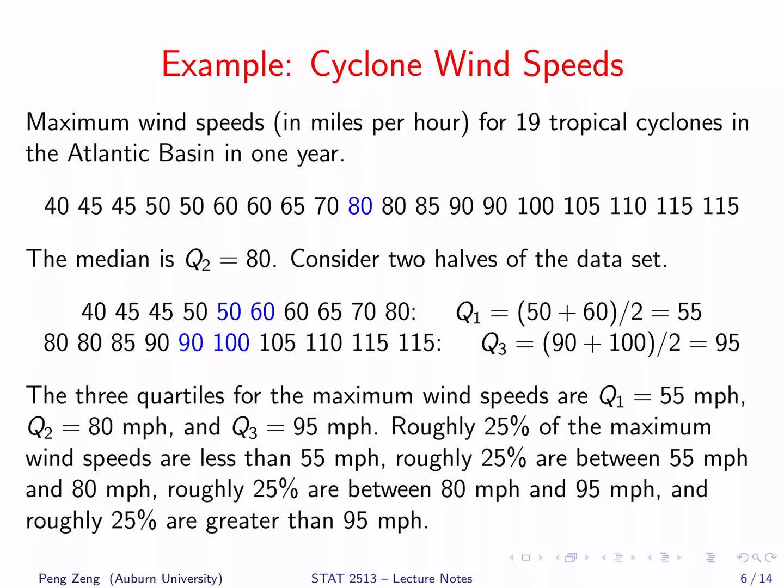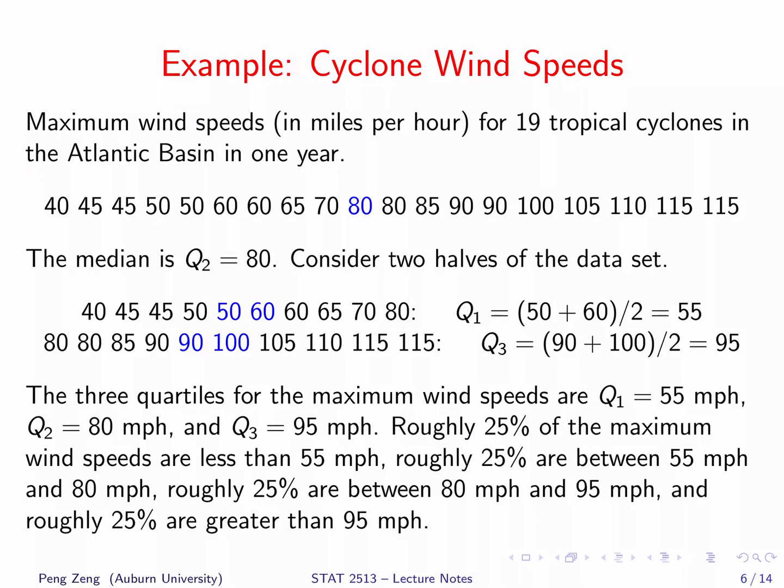We can find medians for these two halves separately. The first quartile is therefore equal to 55, and the third quartile is 95. As a summary, the three quartiles of the maximum wind speeds are Q1 equals 55 miles per hour, Q2, or the median, is 80 miles per hour, and Q3 is 95 miles per hour.